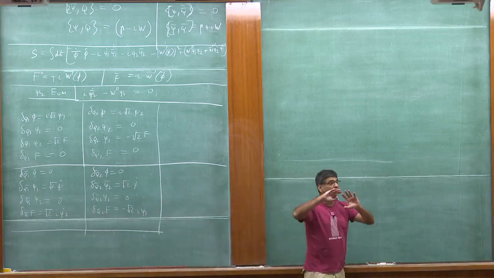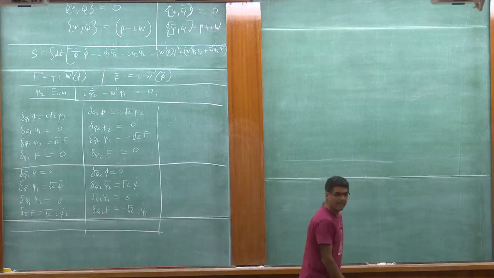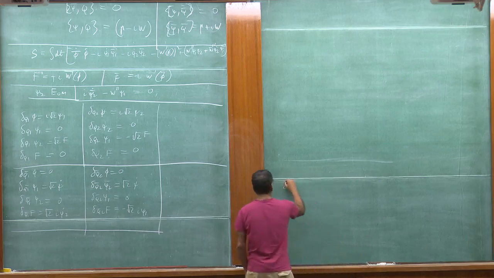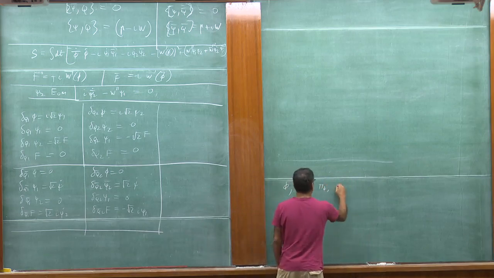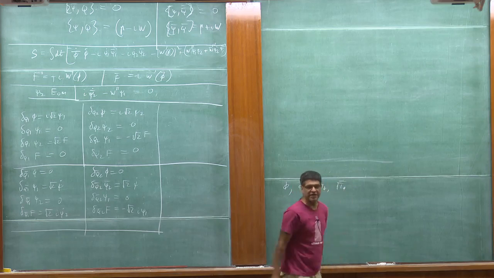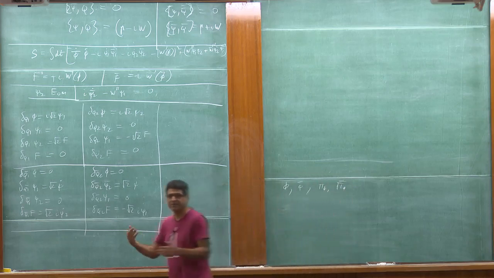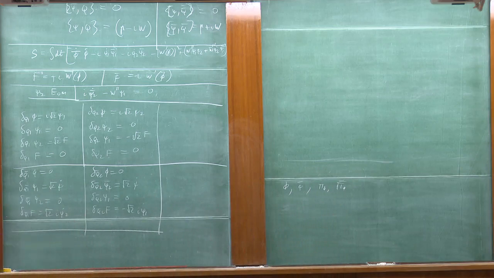remind ourselves what our Hilbert spaces are. Our Hilbert space is made out of the operators. It can be generated from the operators phi bar, and pi phi bar. This is in the bosonic sector, clearly, because we've got two bosonic variables. We're working with these complex variables, so the momentum conjugate to phi is phi bar dot.